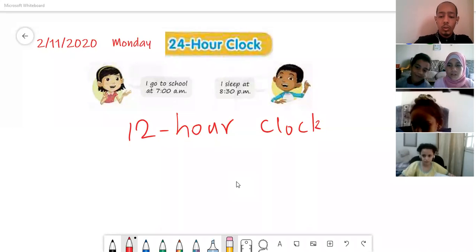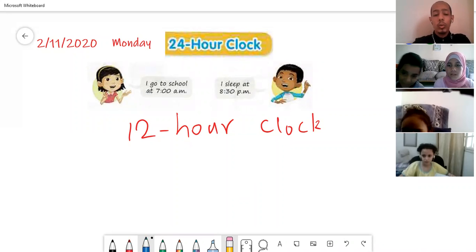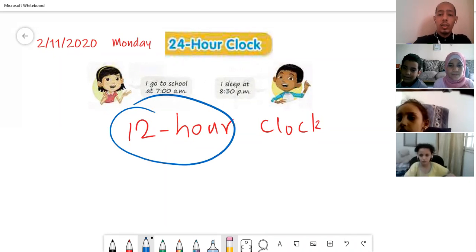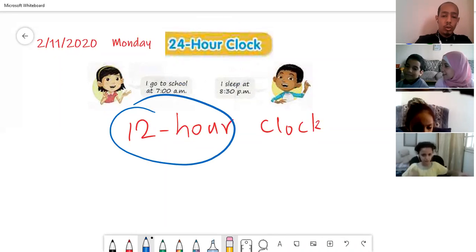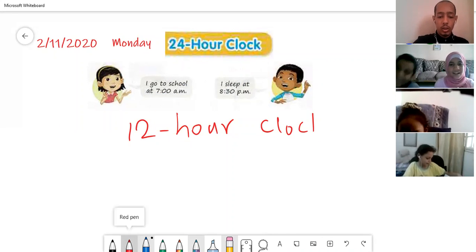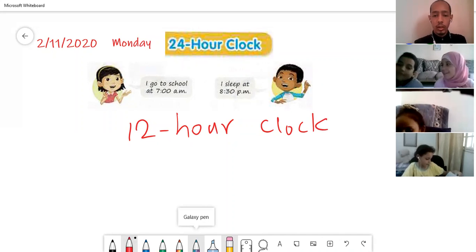Okay. So we are now talking about two systems of clock or hour, or how to say time. The first one is the 12-hour clock, and the second one is the 24-hour clock. So what is the difference between the two systems? Okay, let me show you.